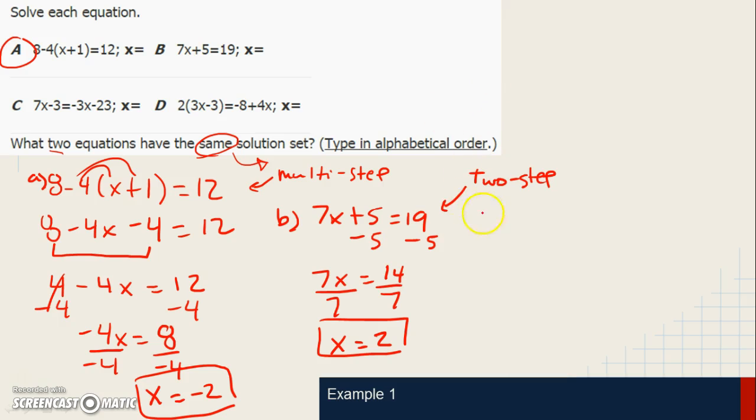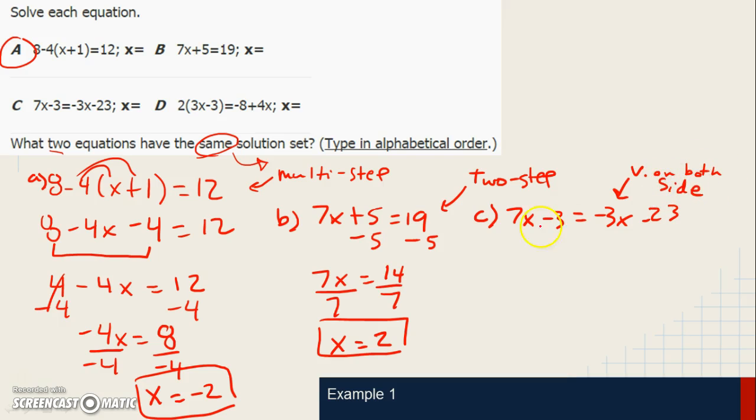So let's go ahead and now do C right here. And we have 7x minus 3 equals negative 3x minus 23. So here you can see that the type of equation this is has variables on both sides.